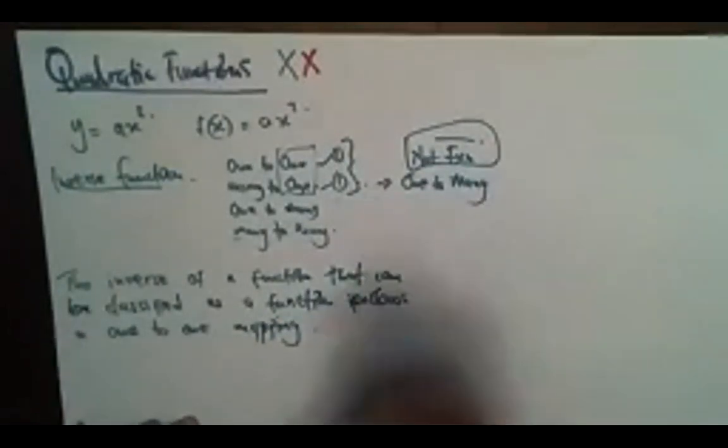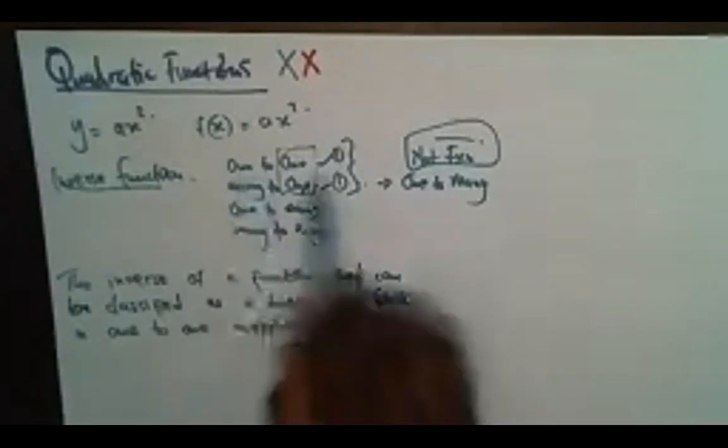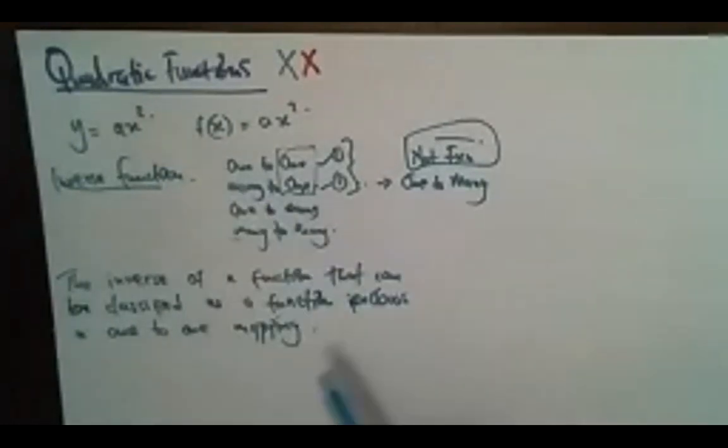For all other mappings, the inverse is not a function. Only when it's a one-to-one, then when we're reversing, it also becomes a one-to-one. That is the only type of mapping that can give us an inverse that we can also call a function.